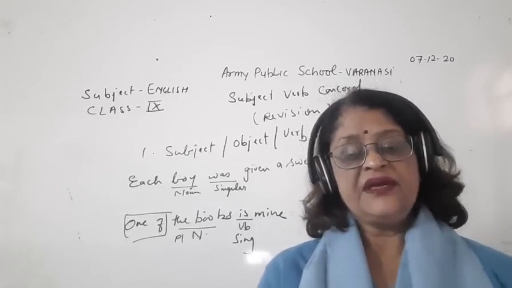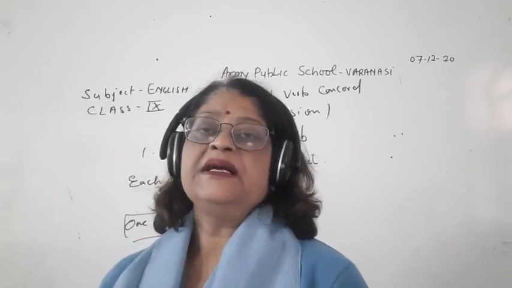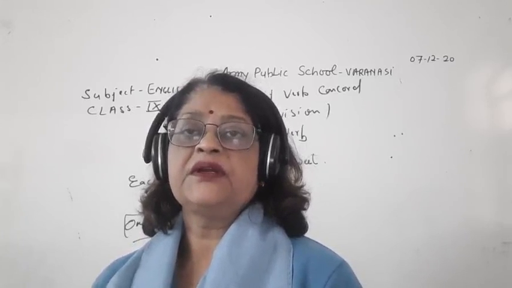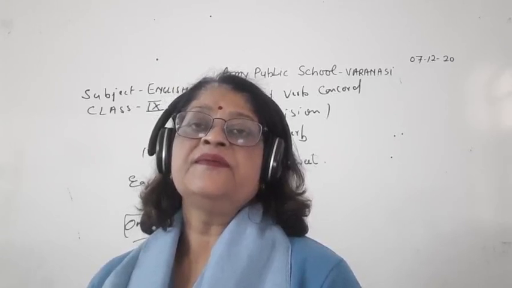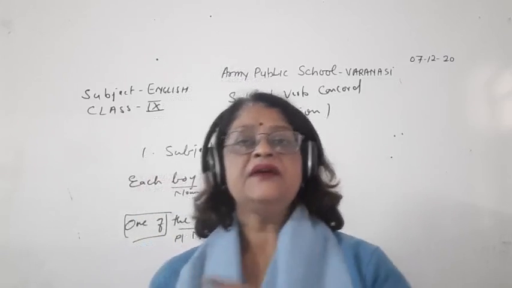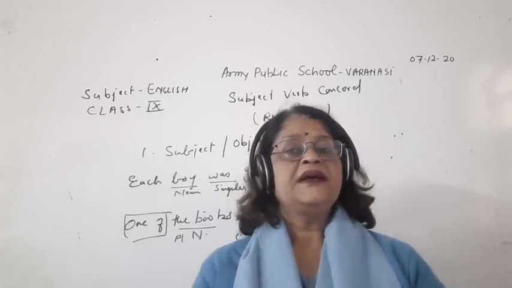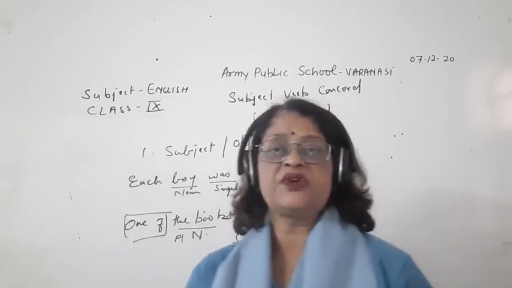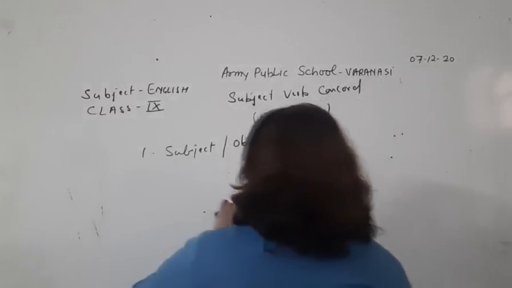When any two nouns are there and they are joined by either or, neither nor, the verb will be according to the later noun. Now for example, with the help of an example, I think people will understand much better.